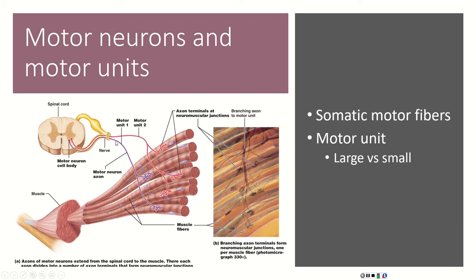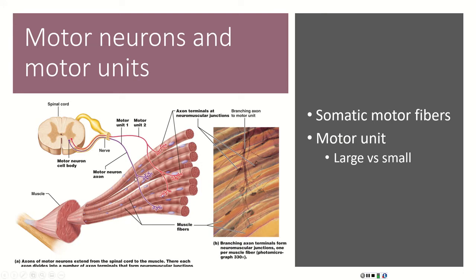So one motor neuron can actually innervate, and does innervate, multiple muscle cells. But one muscle cell is only innervated by a single motor neuron. Let me say that again.